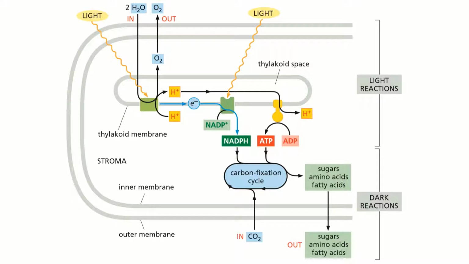And the power of reduction here is provided by the NADPH that was produced during the light reactions. And of course, the energy is from the ATP, which is also produced during the light reactions.